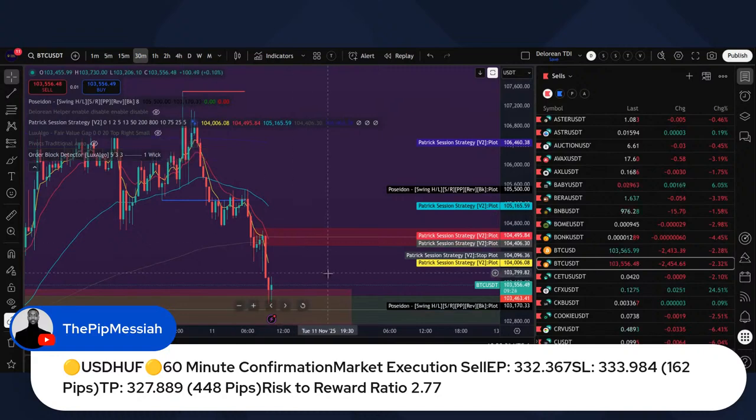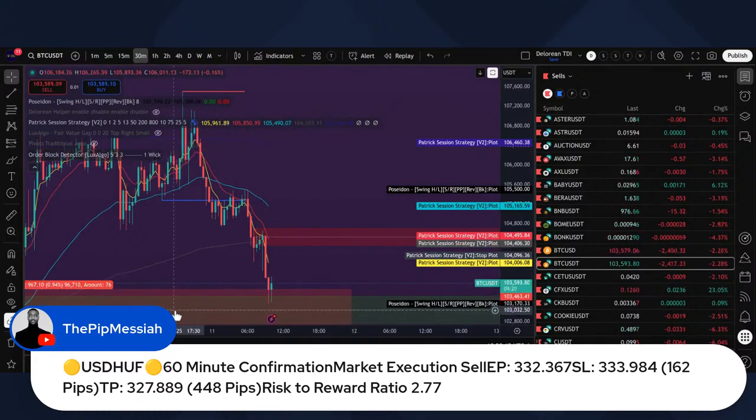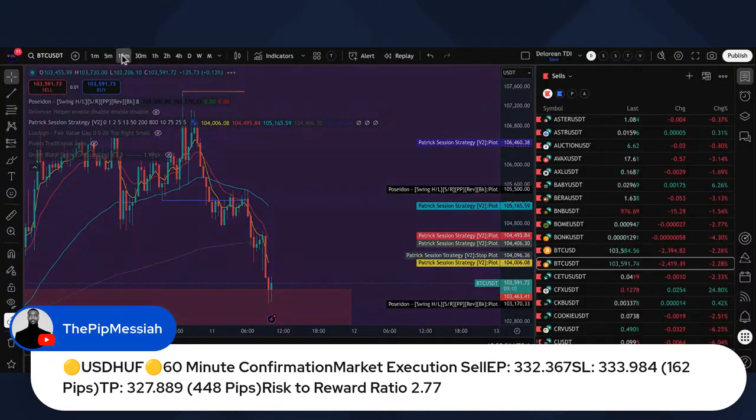In the meantime, it looks like we're sitting right on top of a buy order block on the 30-minute. The 50% is at 103,000, and that's why price is kind of floating right now. If it breaks through that, we're going to have more of a fall.